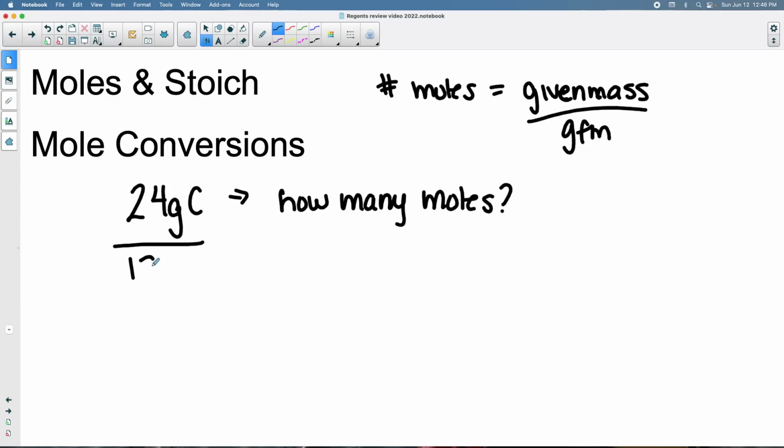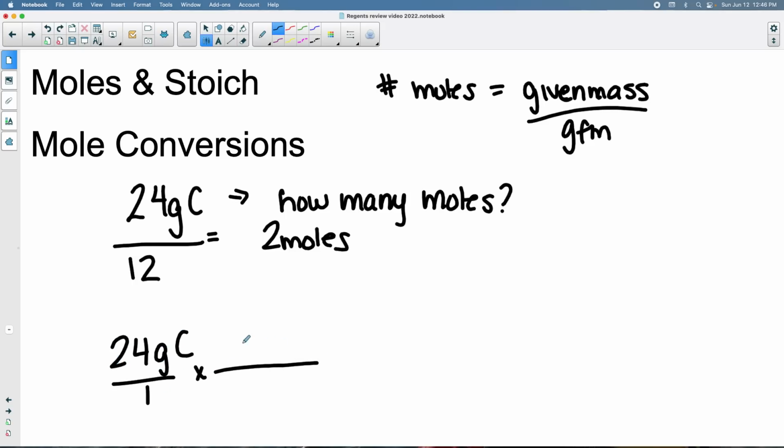So if we just want to put this over the gram formula mass, then we get 2 moles. If we want to do dimensional analysis, 24 grams carbon times 1 mole over 12 grams still gives us 2 moles.